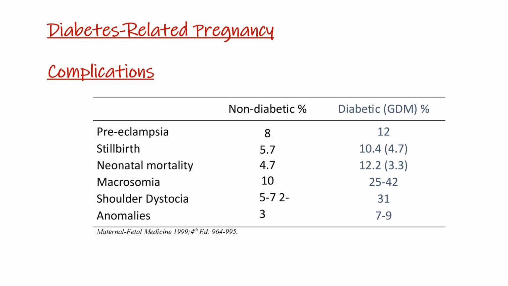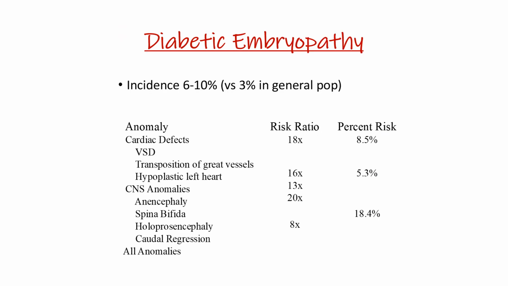This is because gestational diabetes occurs past organogenesis, after 16 weeks. However, pre-existing diabetes is present during organogenesis, so it affects the development of organs. So diabetes embryopathy is what I'm talking about. Its incidence is 6 to 10%.